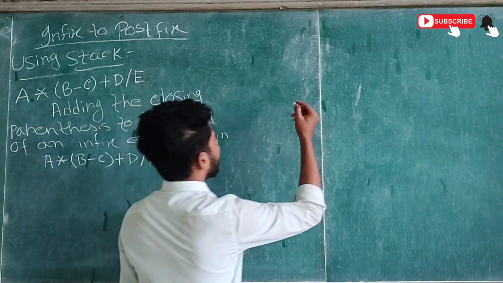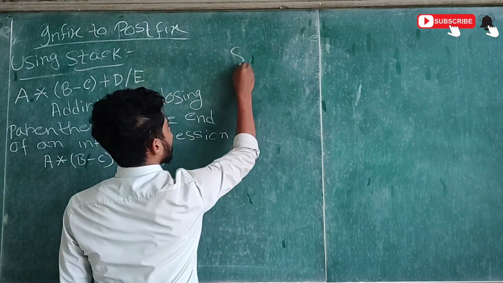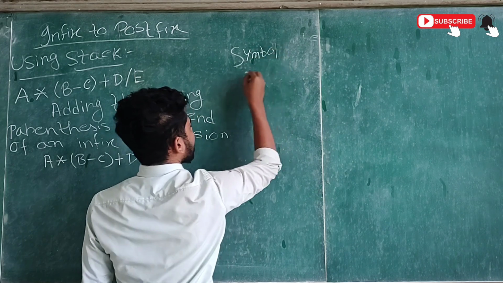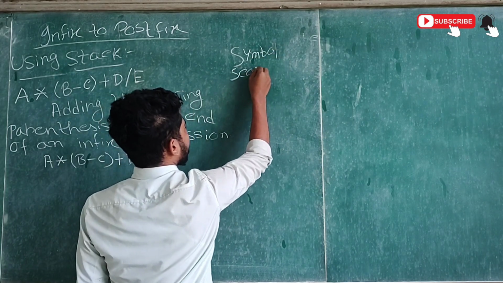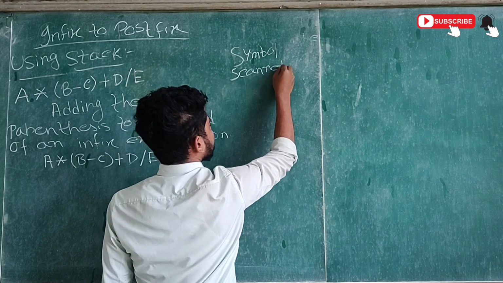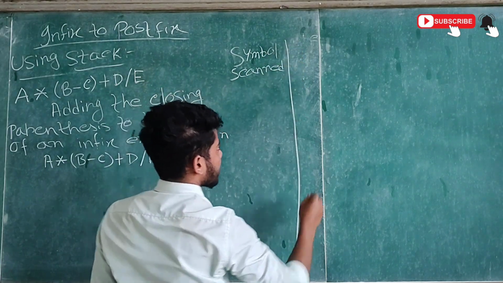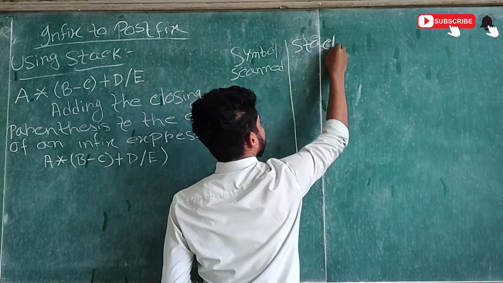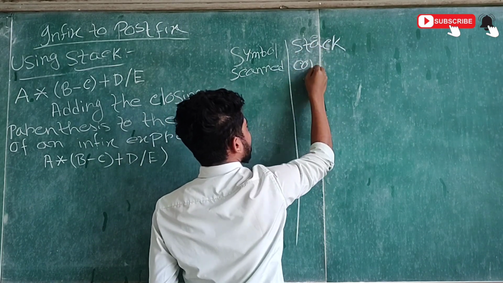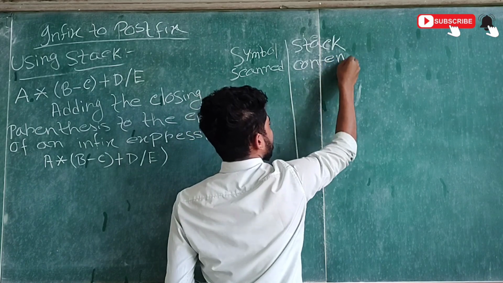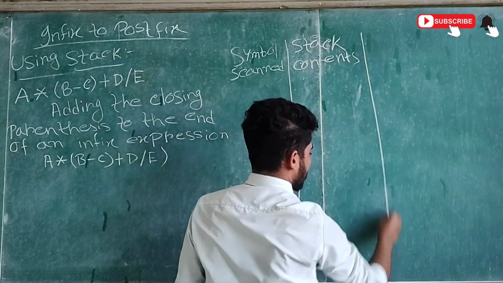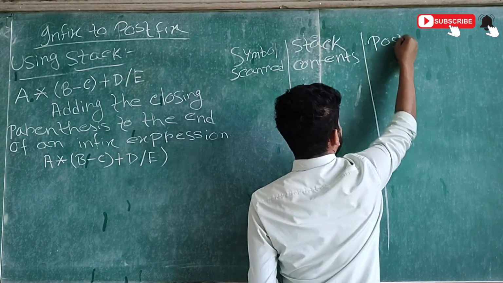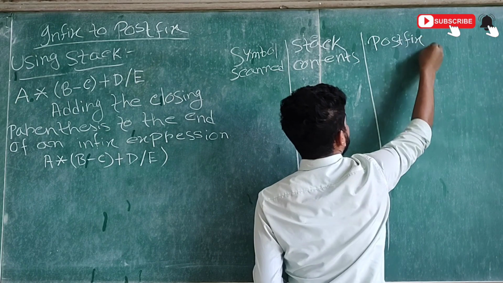Now we create three columns. First, symbol scan, second, stack contents, and third, postfix notation or expression.